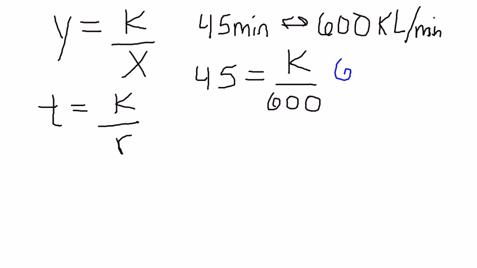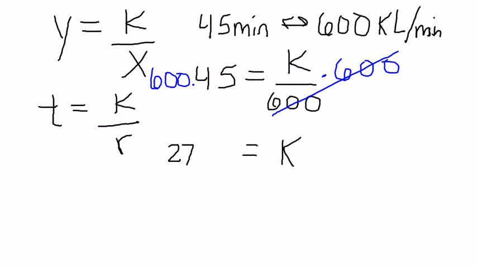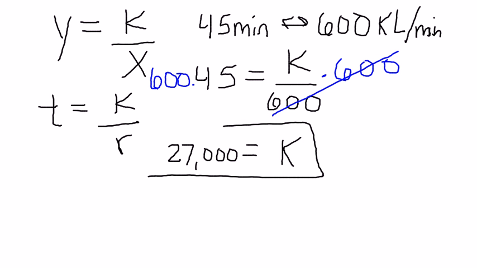I'm going to multiply both sides by 600. That cancels the 600 on the right, in the denominator, and I multiply by 600 on the left. 45 times 600 is simply 27,000. So now I have my constant of variation.